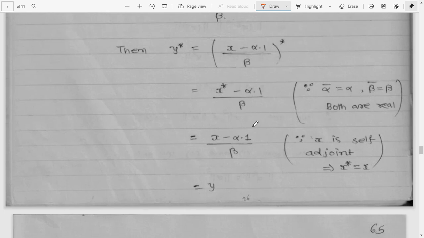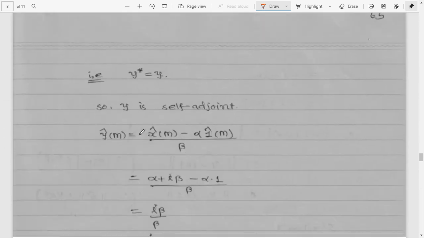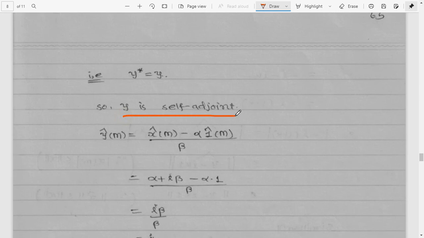Here x is self-adjoint, so x star is equal to x. So we get x minus alpha into 1 upon beta, which is equal to y. Here we get y star is equal to y, so y is self-adjoint.